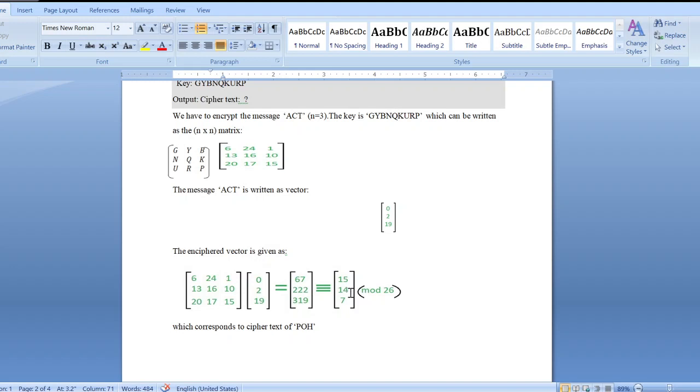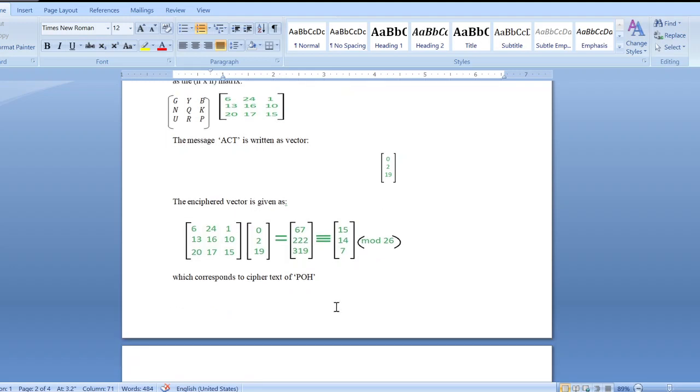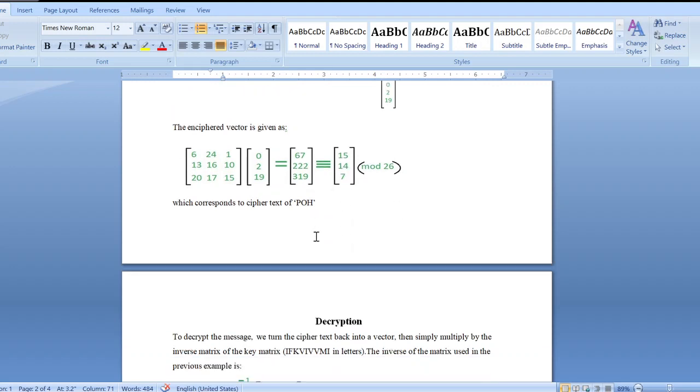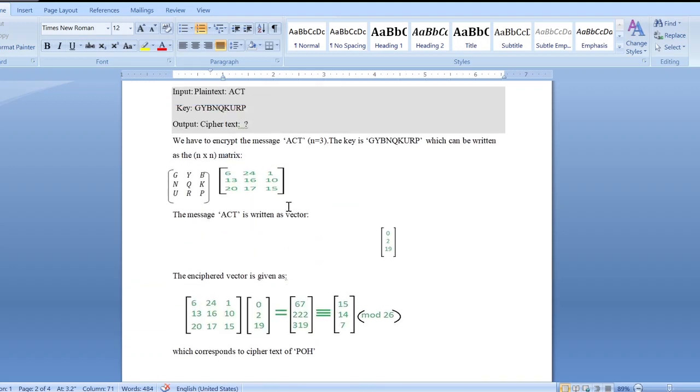I got 15, 14 and 7. Now we write the corresponding characters for 15, 14, 7. So we got POH. That means the ciphertext for ACT is POH.